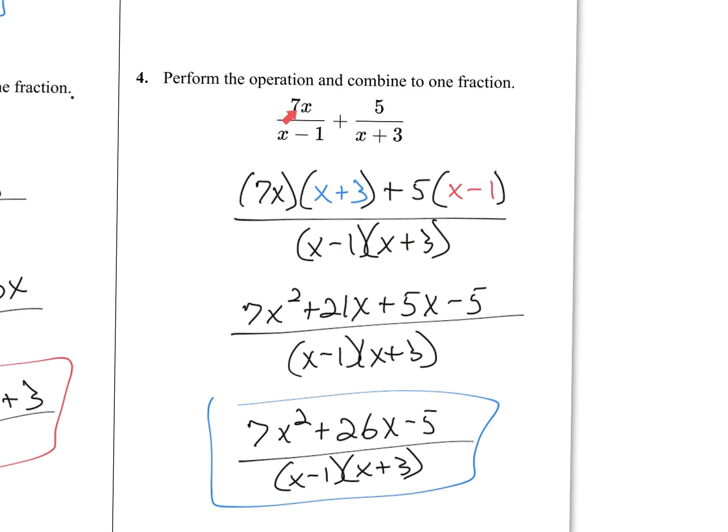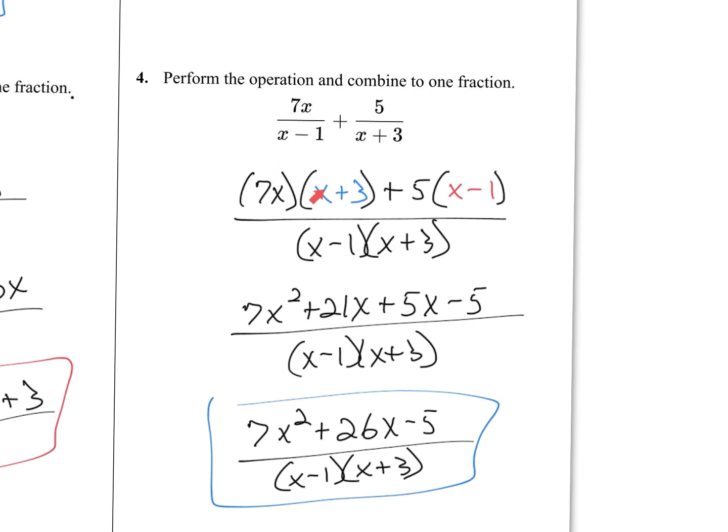So the numerator will get multiplied by the factor that is not already part of it. So the 7x gets multiplied by x plus 3 here, and the 5 gets multiplied by x minus 1. And then all of that over the two factors, x minus 1, x plus 3.